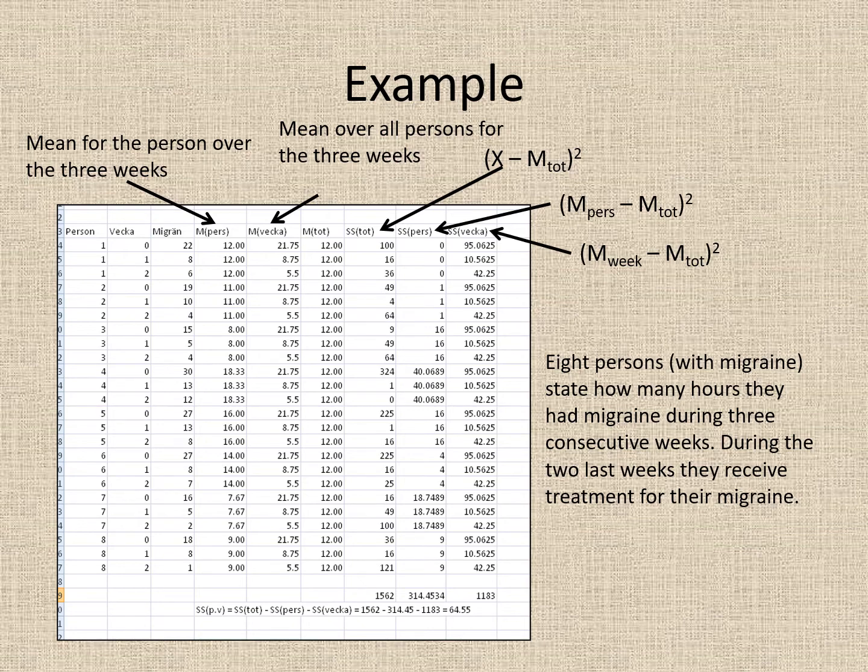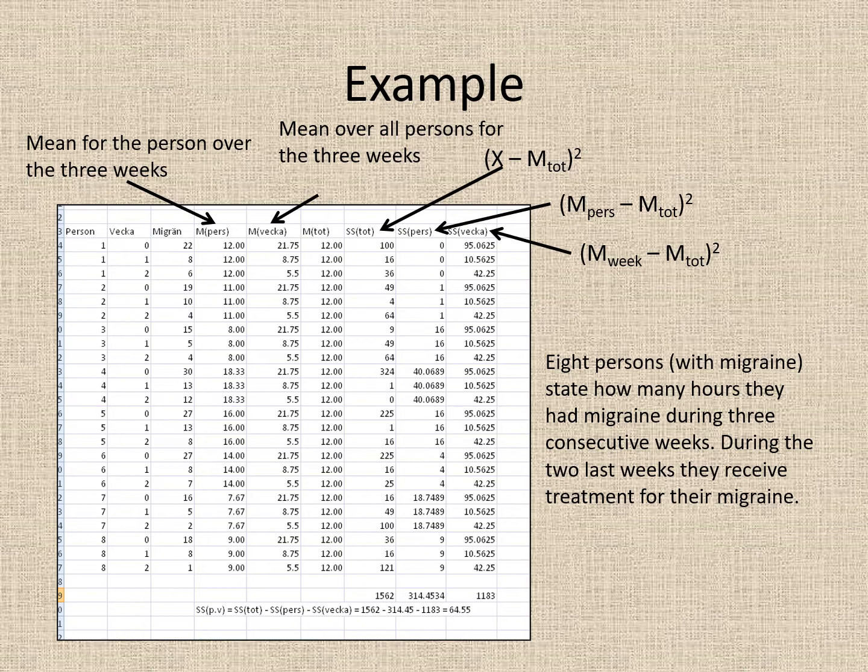This much can be explained by individual variation. This we could not have done if we had only one value for each individual. But now we can. Sum of squares that can be explained by week: we take the week in every row, the week mean minus the total mean, square it, and take the sum here. Now we can calculate some more here. Sum of squares for the interaction between person and week.